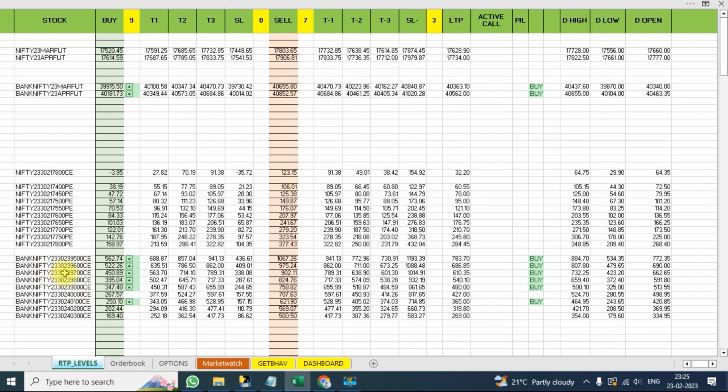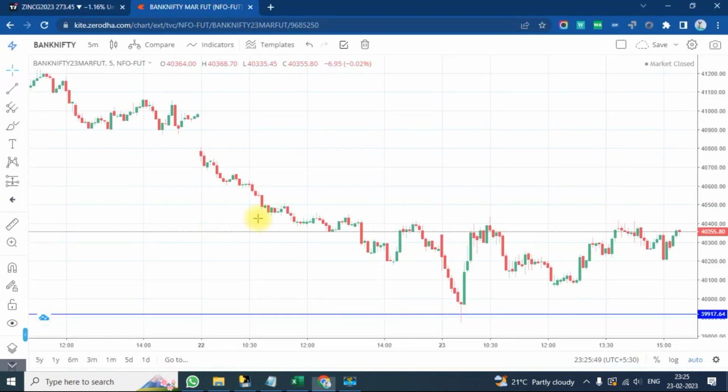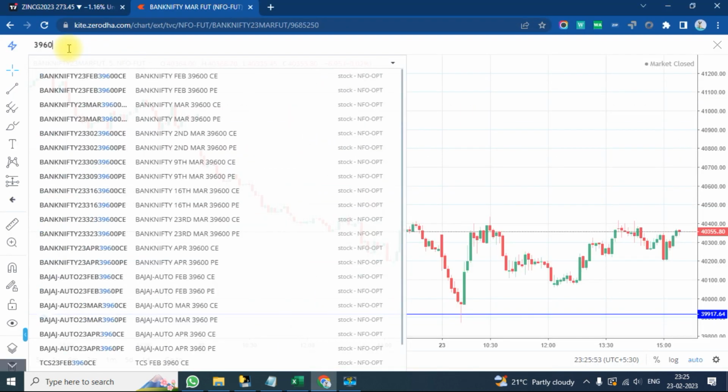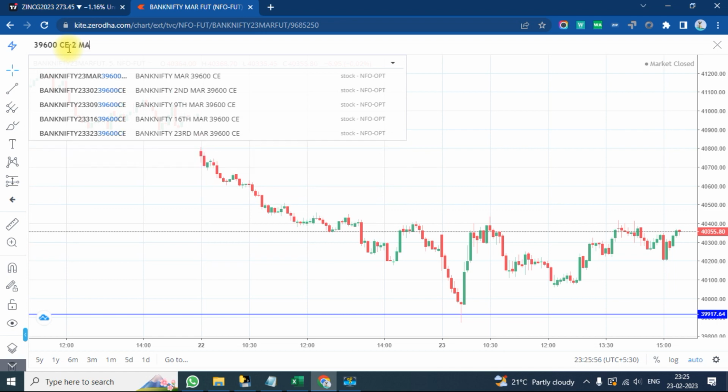In Bank Nifty, you can see the 39,600 call option, 2nd March.